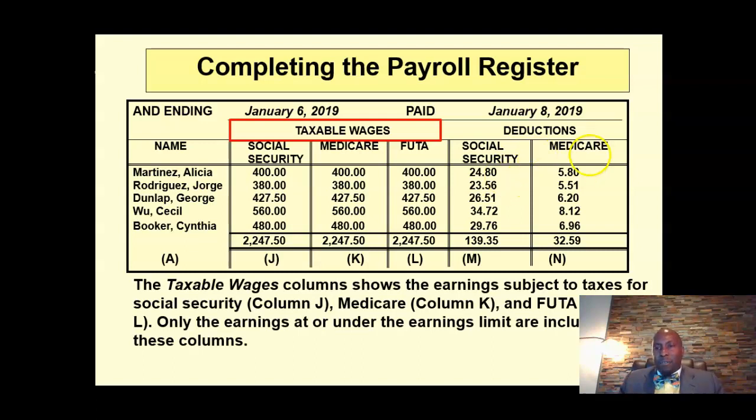The Medicare tax rate is 1.45% or 0.0145 as a decimal. So multiply 400 times 0.0145 to get the amount withheld for Medicare tax. You take those same calculations for each of your employees in order to calculate the deduction for Social Security taxes and the deduction for Medicare tax.